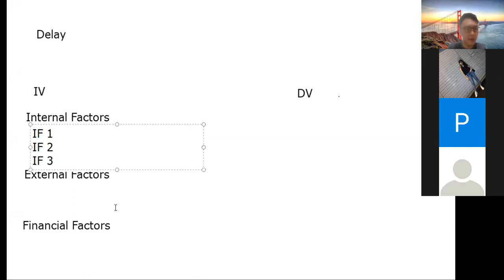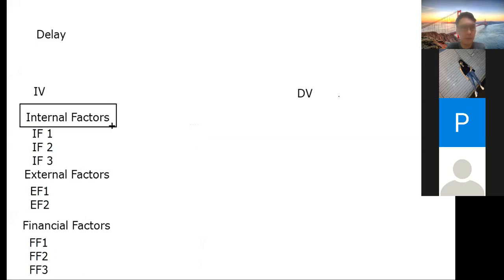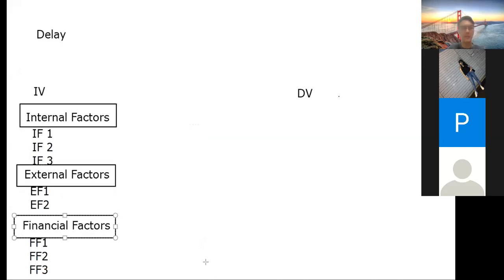Can you tell me, okay, can you tell me what is this? The one in the black bracket. What is it?